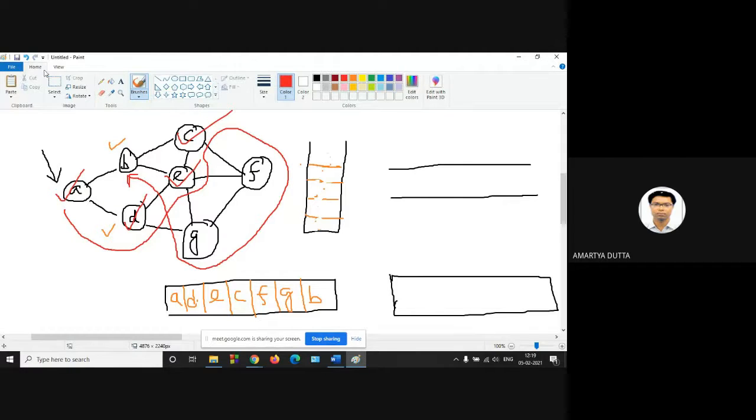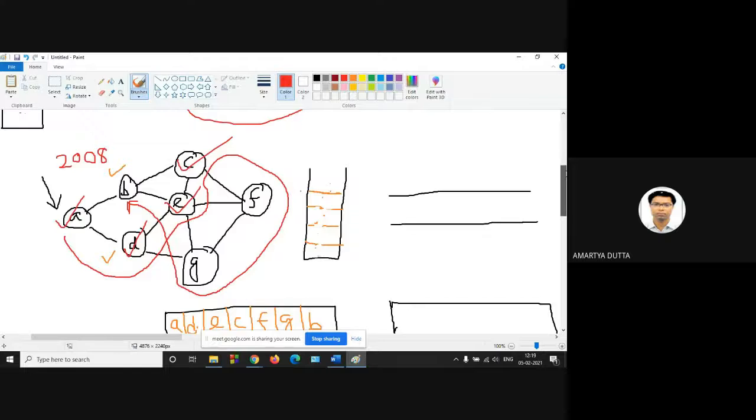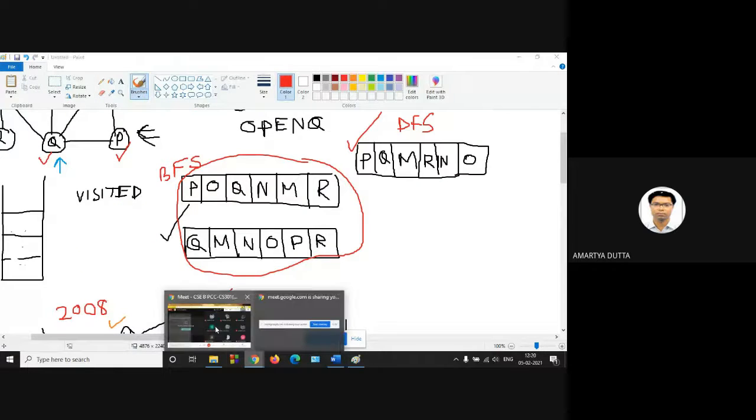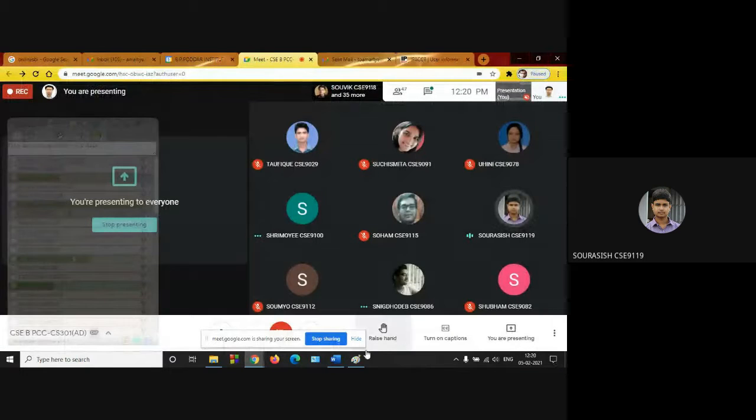So this is from GATE 2008. Sir, in GATE it will be MCQ, right? Yes, four options will be there, and from the four options you have to choose the correct one.